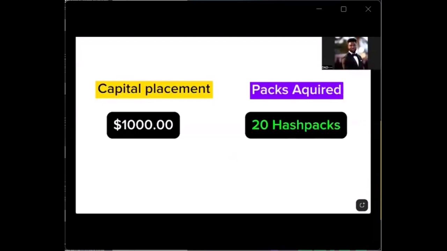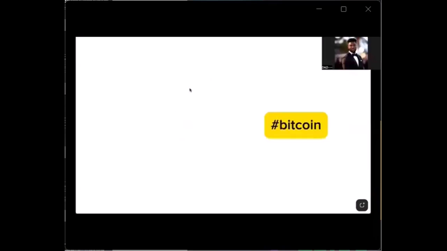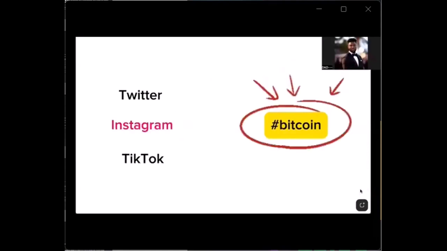You will need to choose the type of hashtags to let the arbitrage work with to produce your daily earnings or rewards. For example, if you select Bitcoin or Hashtag Bitcoin as one of your hashtags, whenever people use Bitcoin on platforms like X, formerly known as Twitter, Instagram, or TikTok, the algorithms behind Hashtag Arbitrage will analyze this data and begin generating earnings for you.